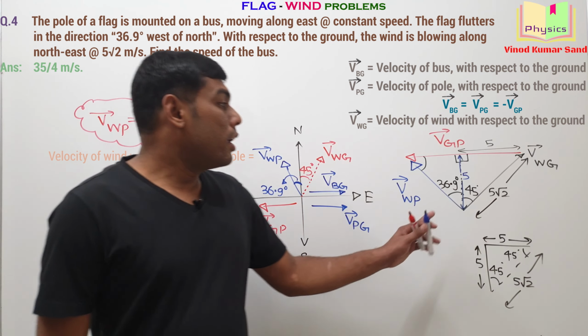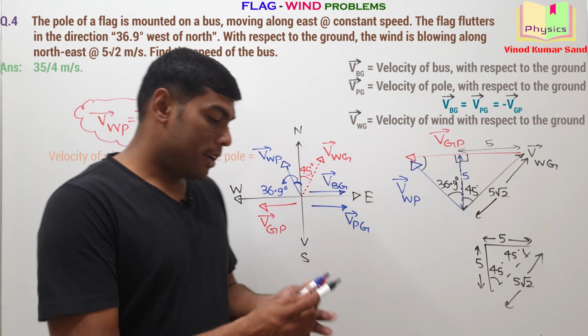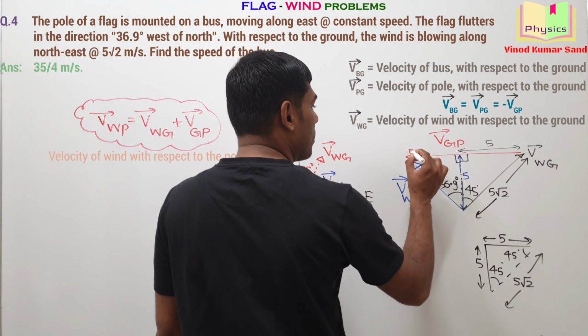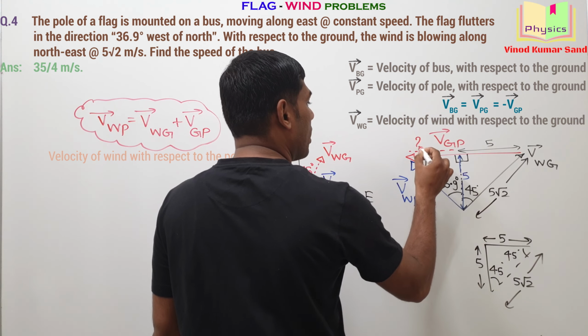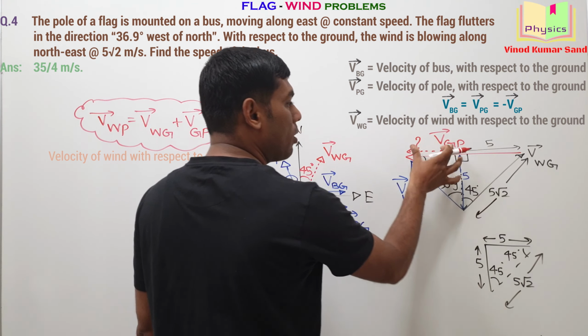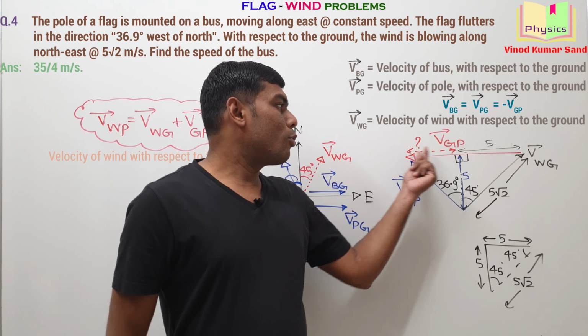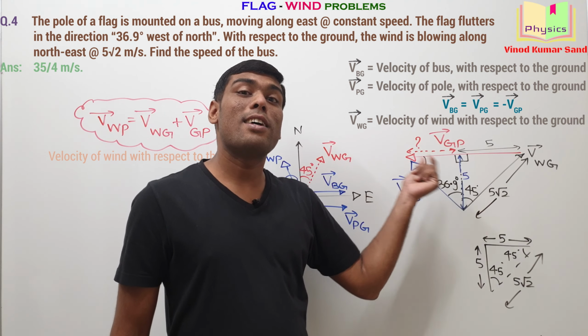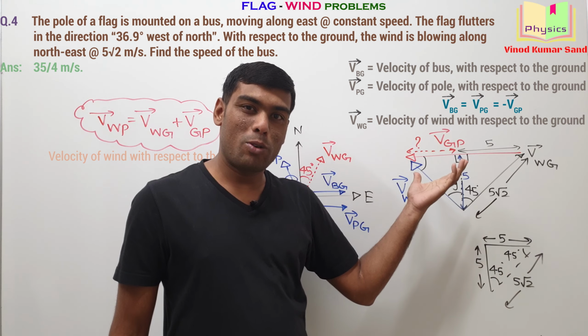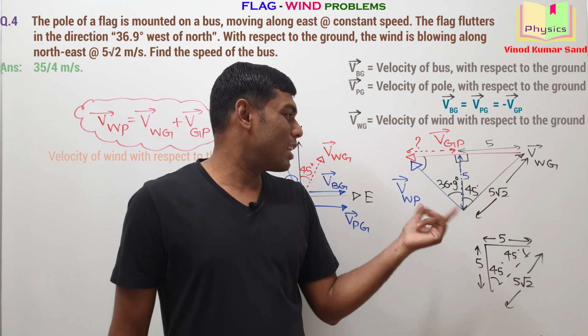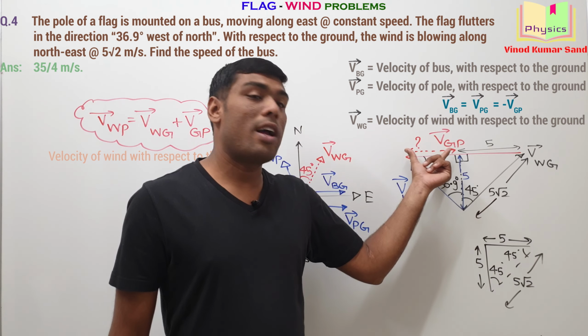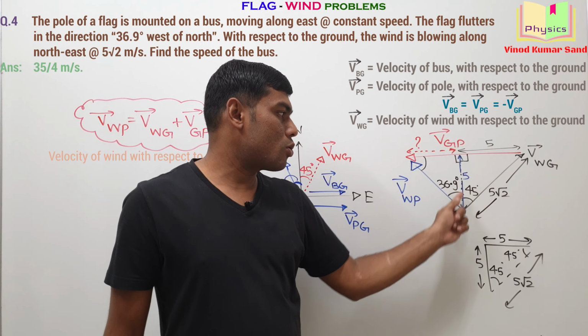Okay. Now we require this much unknown length. This data is unknown to us. I am talking about this dotted line. If we can obtain this much unknown length, we can easily find the speed of the pole with respect to ground, means the speed of the bus with respect to ground. And obtaining this unknown is very easy. Look at this triangle.